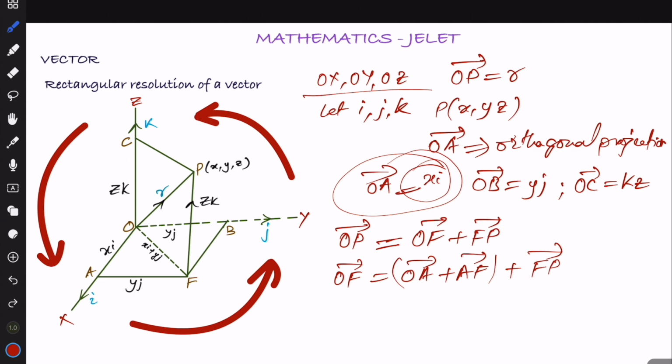How? Vector OF is here. This is equivalent to vector OA plus AF. As you can see, it is forming a triangle. So therefore we can say that vector OF is equivalent to vector OA plus vector AF. Again we have FP.